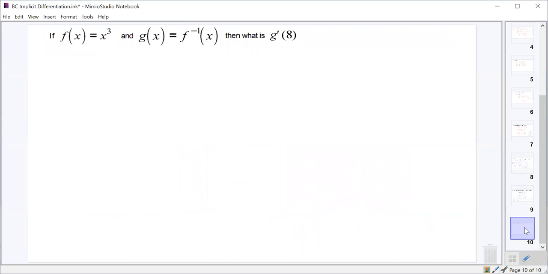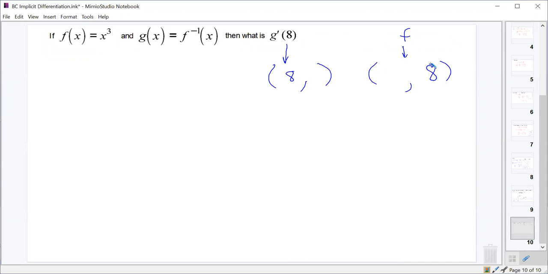All right, so if f of x is x cubed and g is the inverse of f, and we want to find g prime of 8, what can we do? First off, g must contain a point (8, something), which tells us that f contains a point (something, 8).